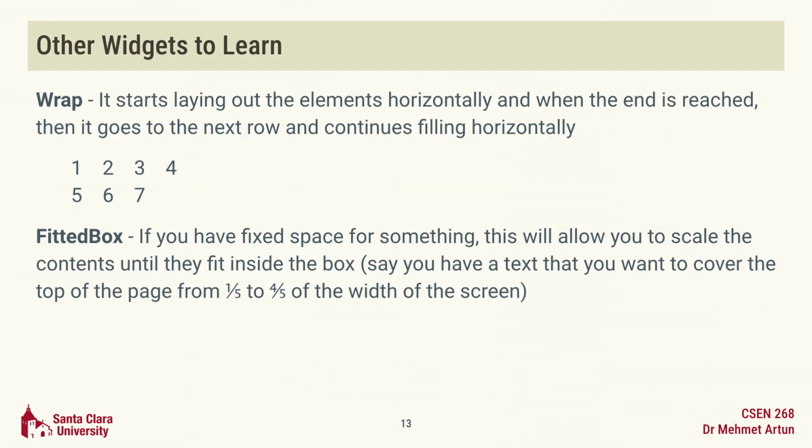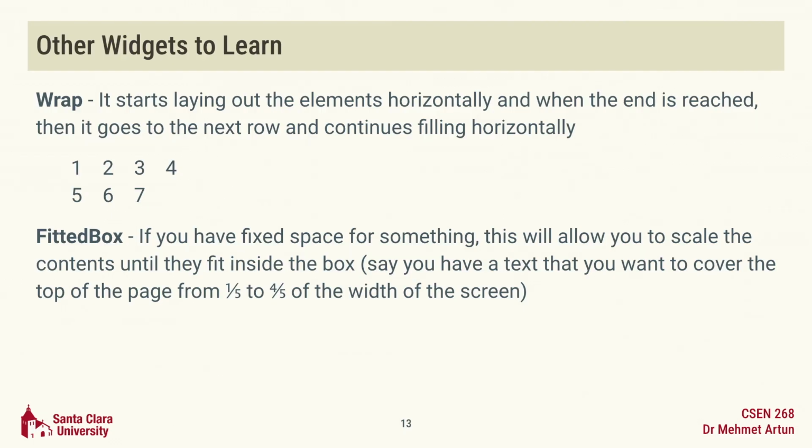Then this fitted box widget is interesting. With the fitted box widget, you specify a size, and then, for example, you want to display your logo on the top of your screen from 1/5 to the 4/5, right? So basically 3/5 of the screen you want to display your logo, but every mobile screen is a few different pixels.